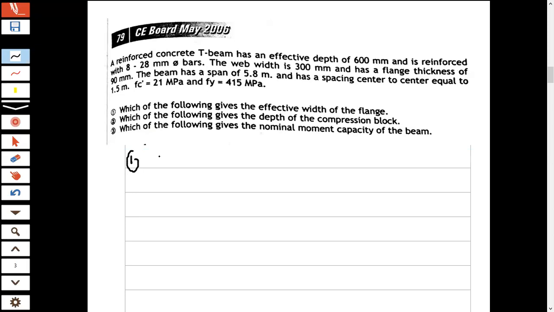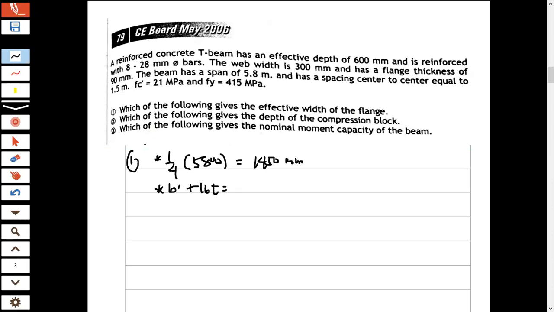Number 1, ang choice lang nito is first, 1/4 ng span. 1/4 ng span is, ano yung span? 5.8 or 5,800. Pipili lang tayo ng mas maliit, pinakamaliit. So you have 1,450 millimeter. And then the other one is b prime plus 16t. Okay?